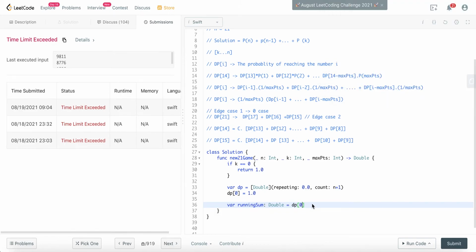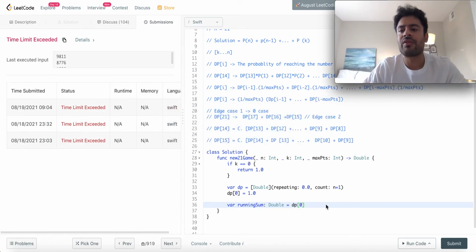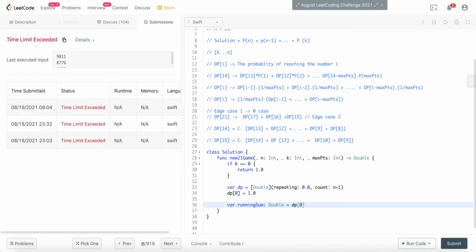So I'm just going to initialize running sum as dp of 0, so that I can directly use it for dp of 1, and then I'll start manipulating it for future dp values. This is just the numerator, the sum of dp values that can reach i. This is also the sliding window, just mentioning it.